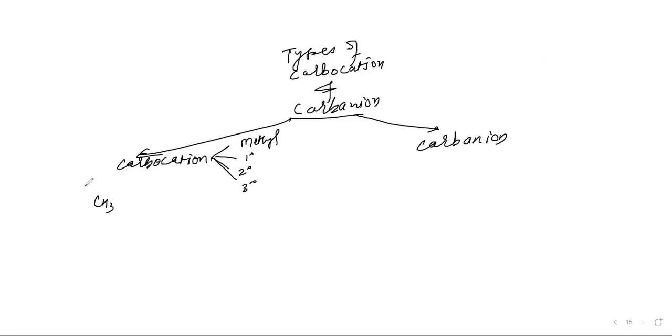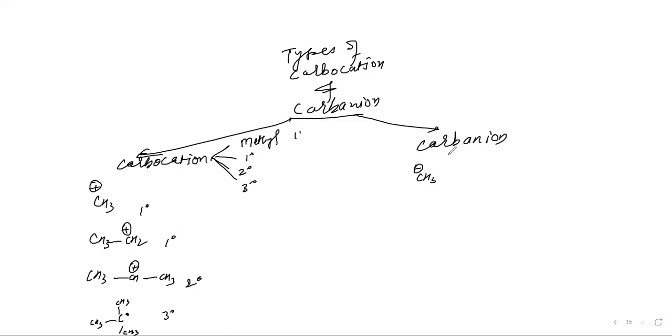Suppose this is CH3 plus, it is again going to be 1 degree only, but it is methyl. If you are having CH3, CH2 with positive charge, again 1 degree. If you are having CH3, CH, CH3 with positive charge, 2 degree. And if in all cases here is CH3, this is 3 degree.